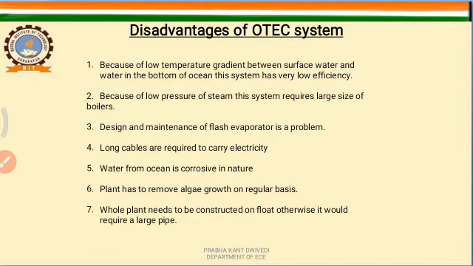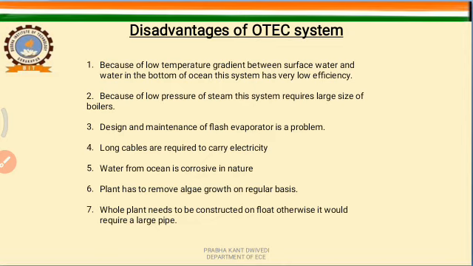The other disadvantage is, because of low pressure of steam, this system requires large size of boilers, as discussed earlier. Because of low pressure, the volume of the steam increases, and to store this large volume of steam, large boilers are required. Design and maintenance of flash evaporator is a problem. Why is maintenance a problem?